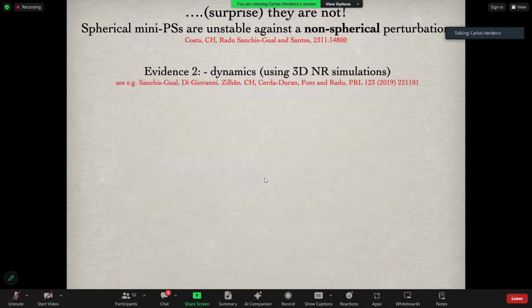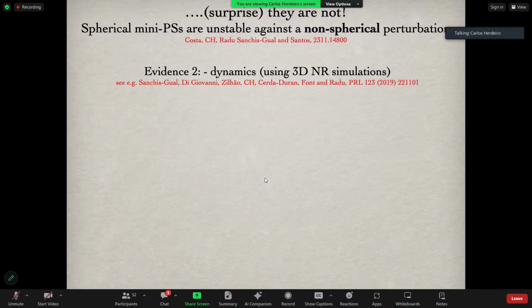So, of course, the true discriminator of stability should be dynamics. We've given some other evidence for the prolate stars being the ground state, but I will not go into all the details. I will show you some dynamical results coming out from fully three-dimensional simulations using numerical relativity and the Einstein Toolkit, and the machinery that was developed in previous works, see for example the one that is quoted, the second round.